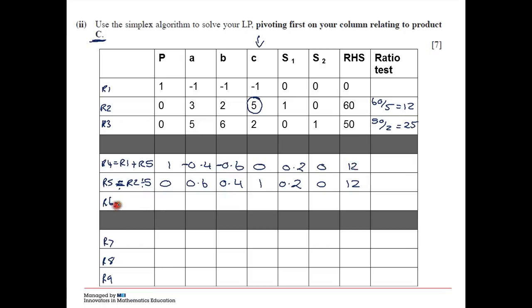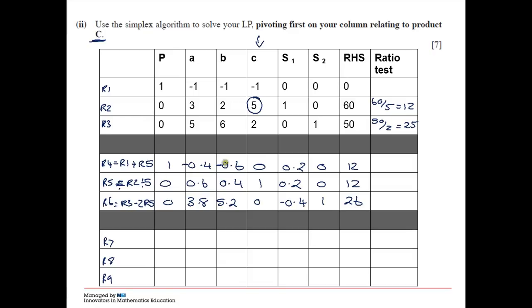And to get row 6, we will take our row 3 and we will subtract 2 lots of row 5. And you can see that already we've got some 3.8s and some 5.2s and things cropping up after one iteration.